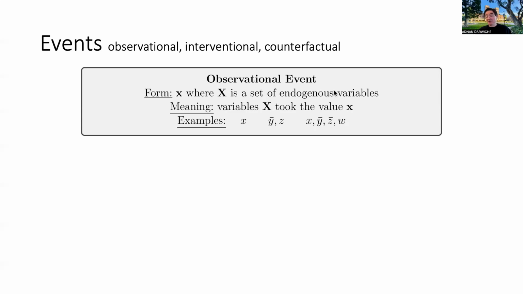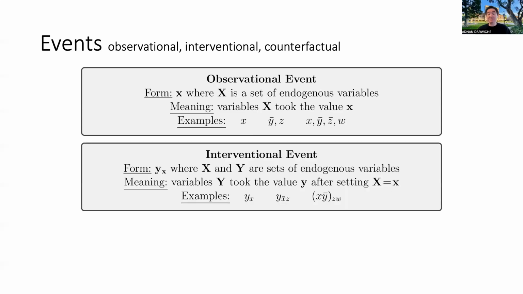And remember, endogenous variables. We don't observe exogenous ones. So examples: X is true. Another event, Y is false, Z is true. X is true, Y is false, Z is false, and W is true. These are 3 different observational events. We've spent, what, 3/4 of the course just working with the observational events.